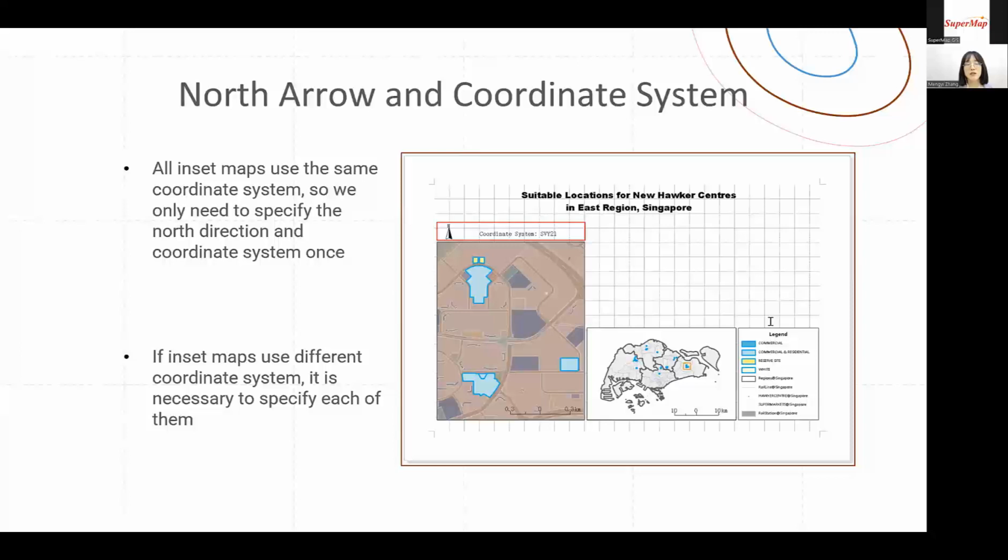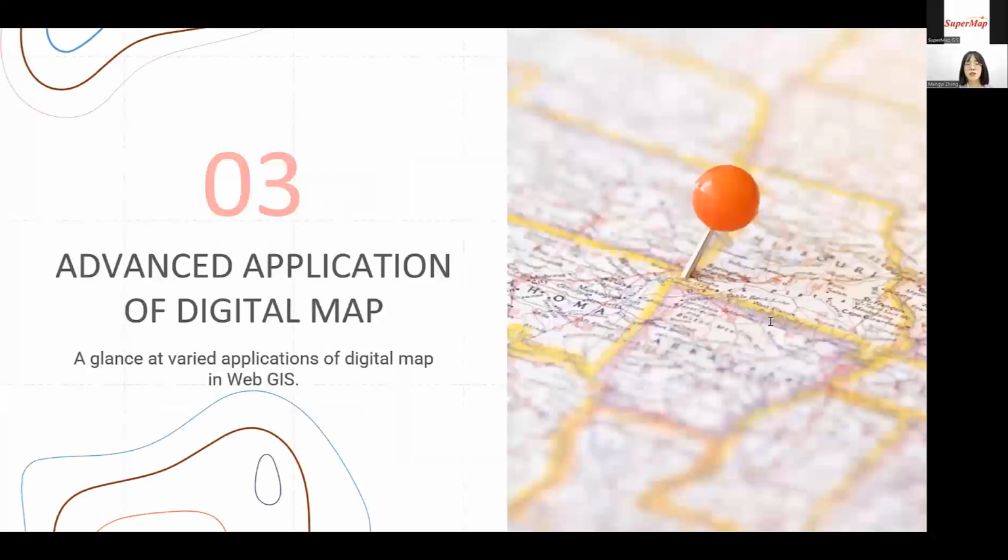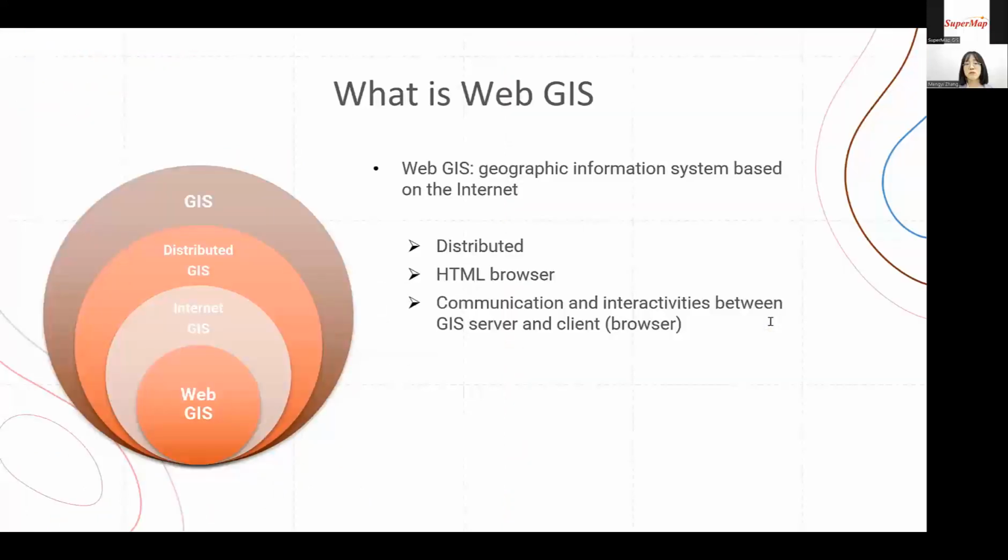At the beginning, it was only desktop software or a local database. But with the development of computer technology and internet technology, as well as distributed computation, we can now combine GIS with all these other technologies, and so WebGIS was introduced.